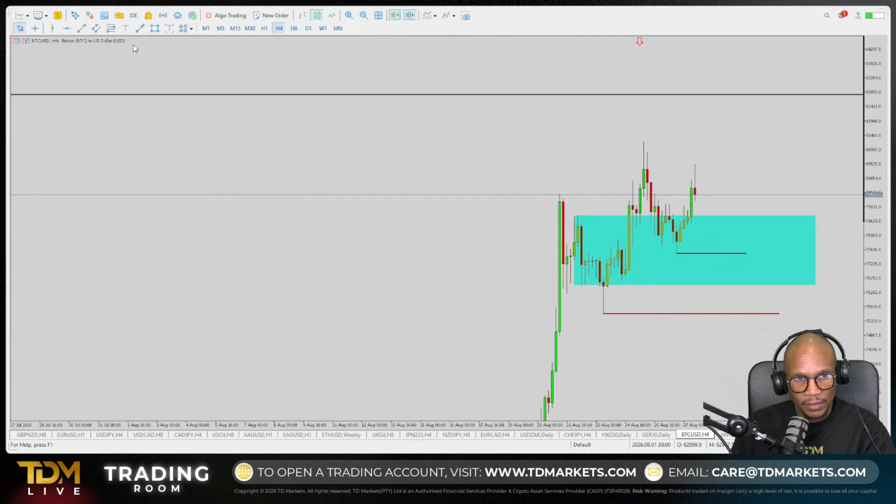I can see that the market broke this structure. It gave us a new high, came back down within the zone that I've drawn, tapped that zone, now it's going up.